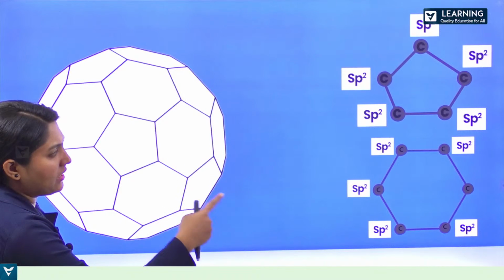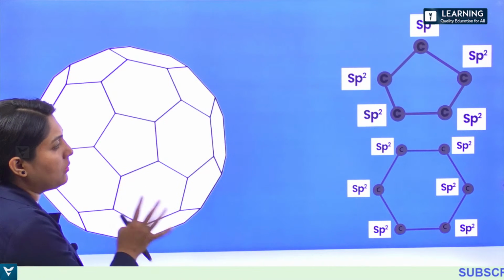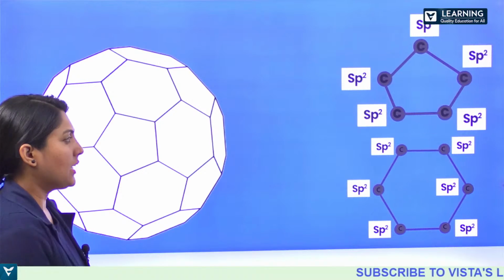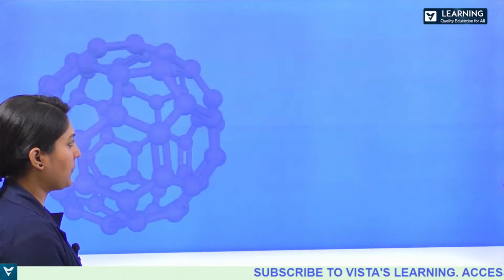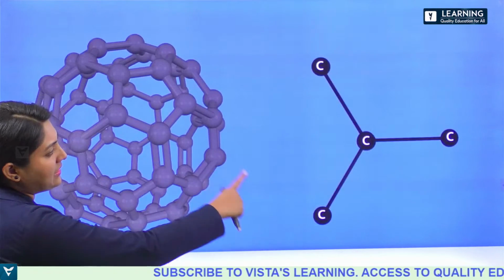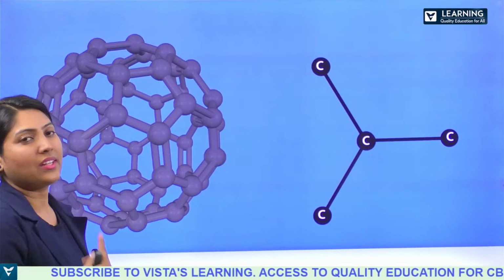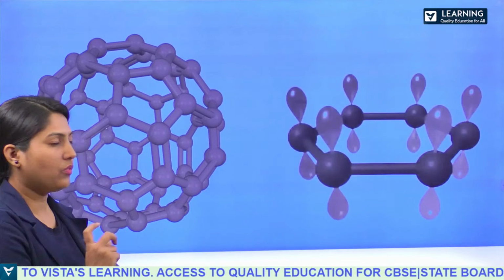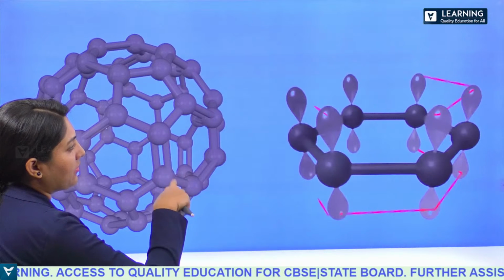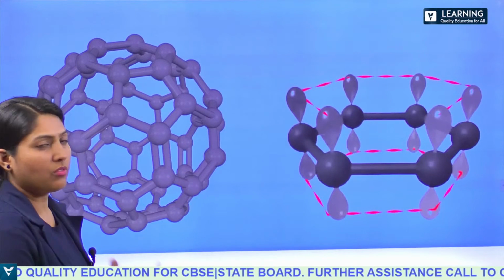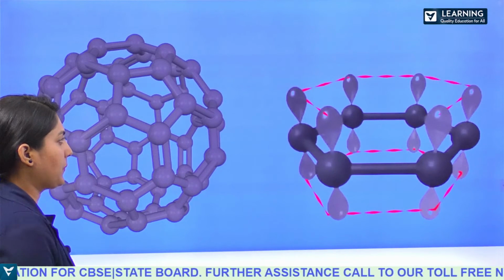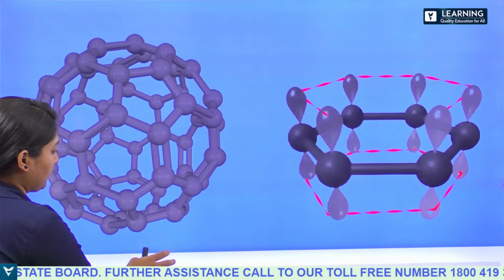In the 5-membered ring, all carbon atoms will be sp2 hybridized, even in the fullerene structure, where each carbon will be bonded to other carbon atoms, like how we have for graphite, and we have the pi electrons forming the pi bond.